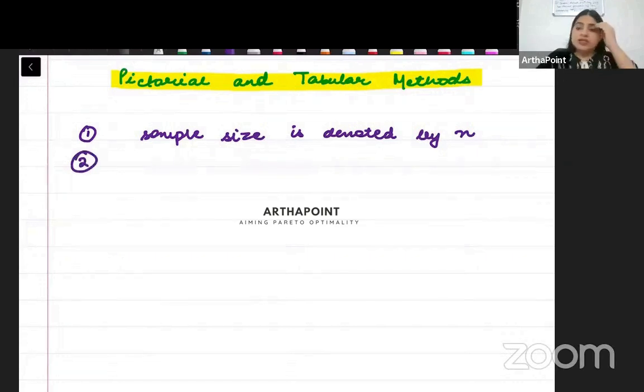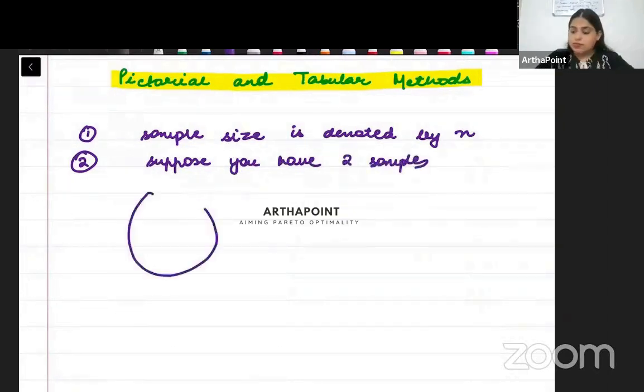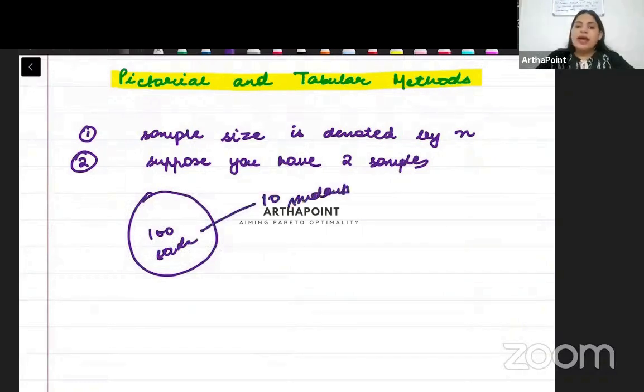Second, this will be useful in hypothesis testing. Suppose you collect two samples. Let's say that I have this classroom of 100 students. I collect a 10 student sample. And then, I maybe want to do one more research and I want to do one more sample.